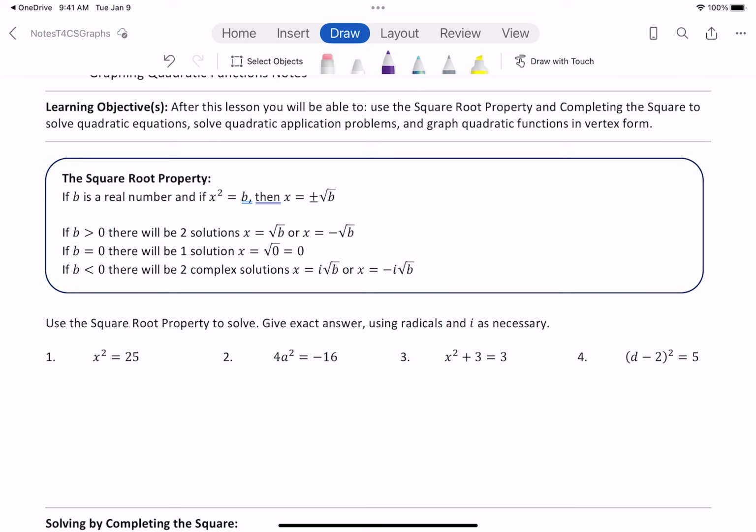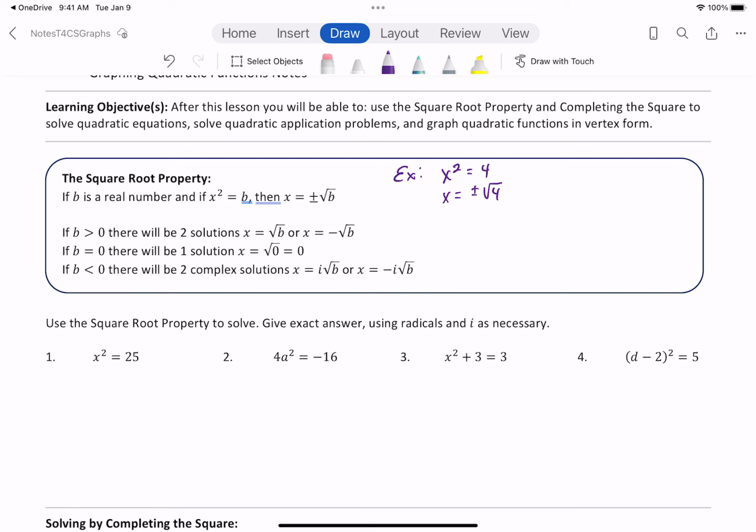And this says if b is a real number and if x squared equals b, then the solutions are x equals plus or minus the square root of b. So, for example, basically what this is saying is if I have x squared equal to some number, then x is equal to plus or minus the square root of that number.